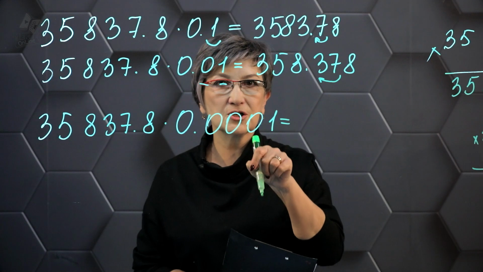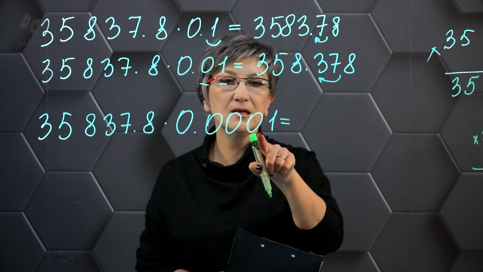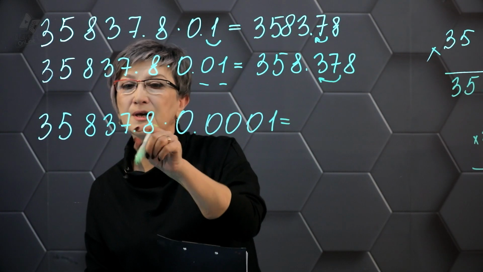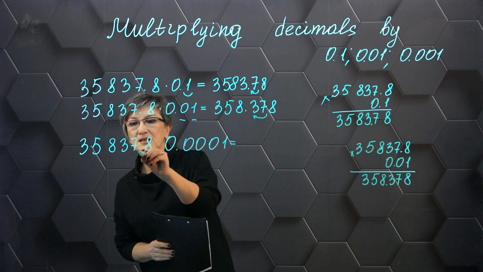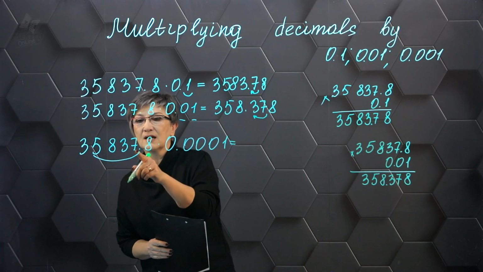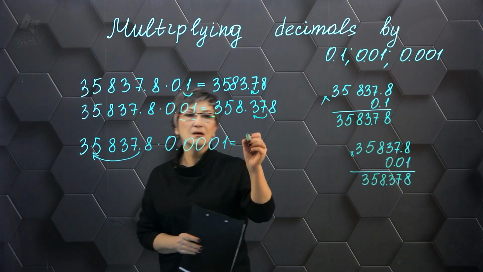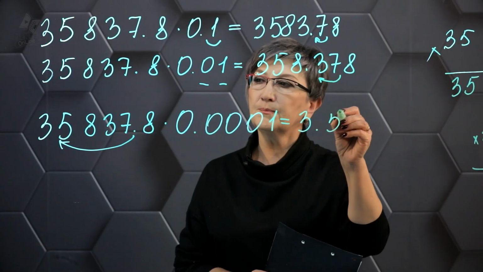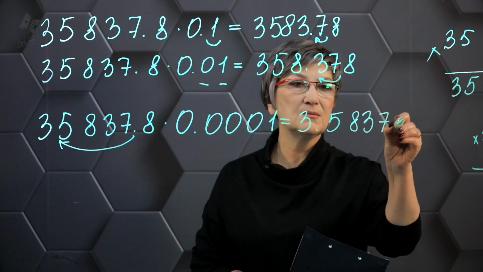So how many digits are there? 1, 2, 3, 4. So in the answer, our dot will move 4 positions to the left, 4 digits. 1, 2, 3, 4. The solution is the number 3 in its entirety, 58,378 hundredths.